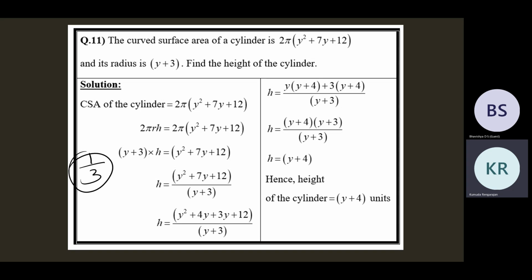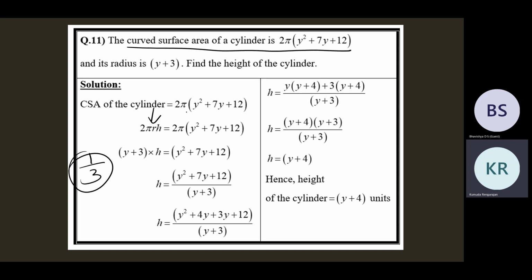Okay, now see the correct answer. The CSA of the cylinder is given to be 2 pi into y squared plus 7y plus 12. All right. See here, the CSA is given to be 2 pi into y squared plus 7y plus 12. What is the formula to find the CSA of a cylinder? 2 pi r h.